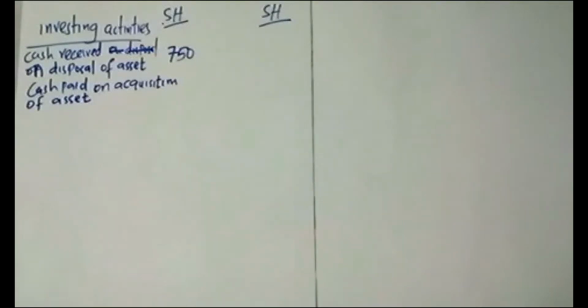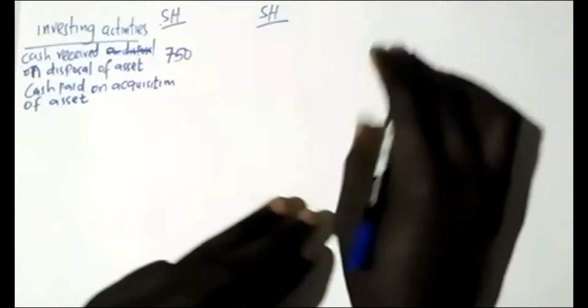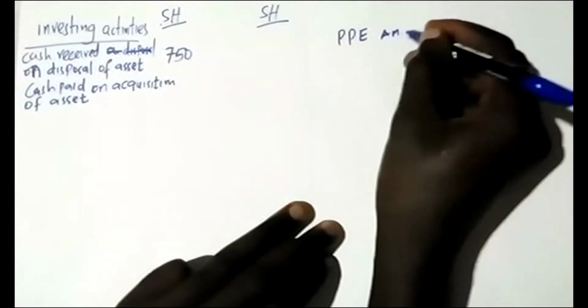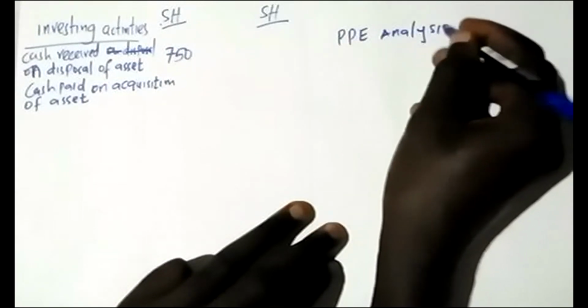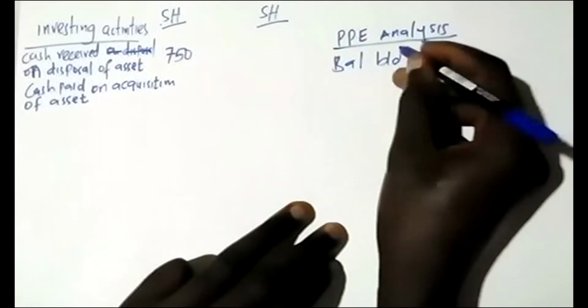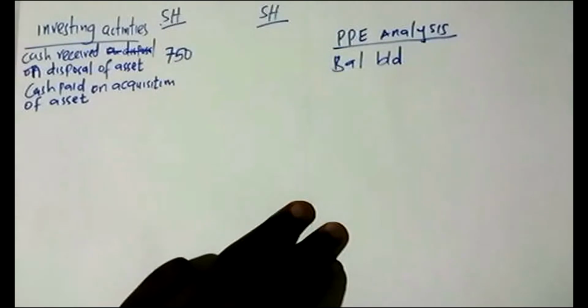To get this, you have to do what we call PPE analysis. So we have to talk about balance brought down. We go back to our balance sheet.